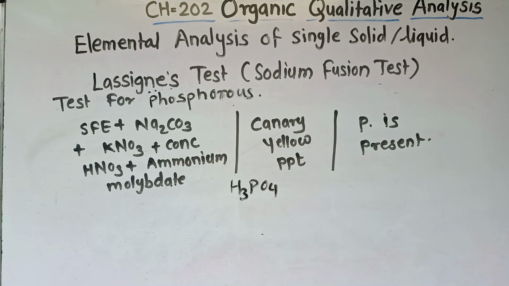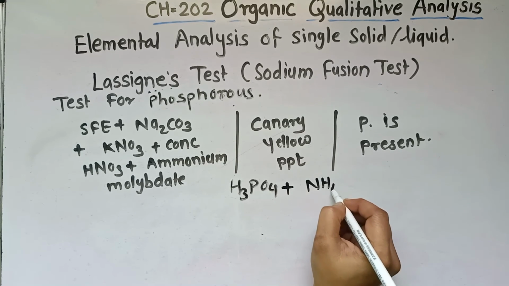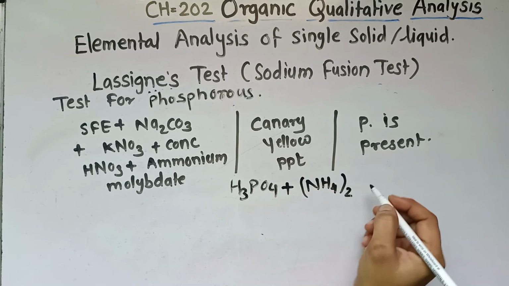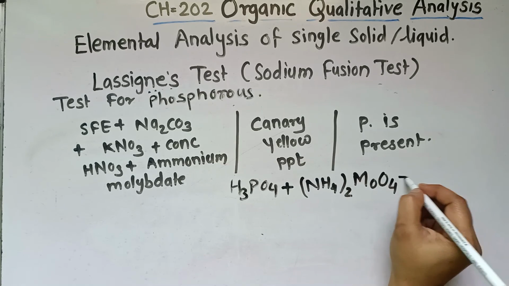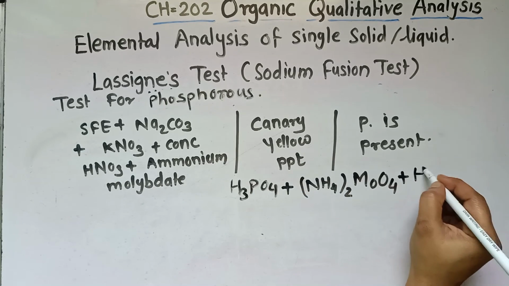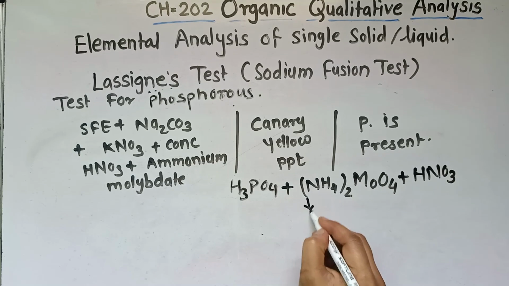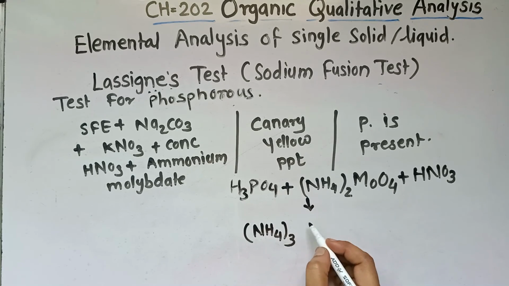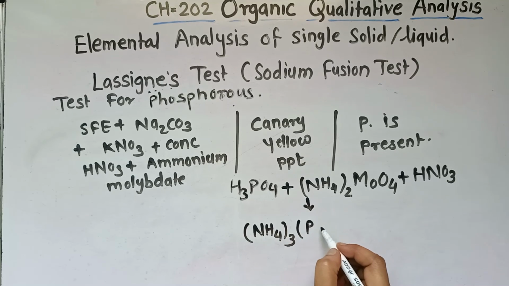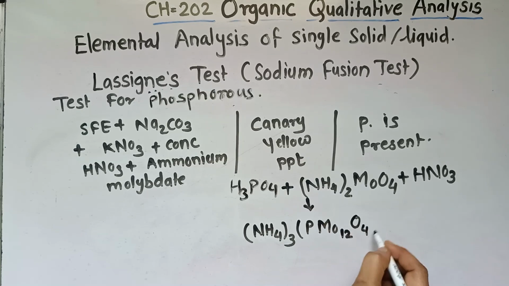The formula for ammonium molybdate is (NH4)2MoO4, and we add HNO3. Then there is a formation of (NH4)3 P Mo12 O40.